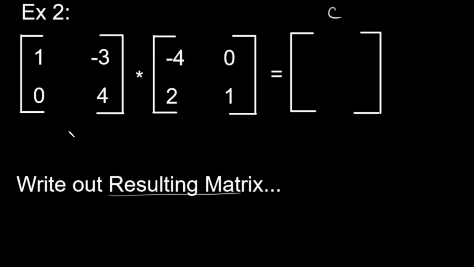And you find the dimensions of the resultant matrix by first seeing if you can multiply them. So this is a 2 by 2, and this is a 2 by 2. So the inside numbers match, and the outside numbers are the resultant matrix's dimensions. So you've got 2 by 2. So your resultant matrix is a 2 by 2.